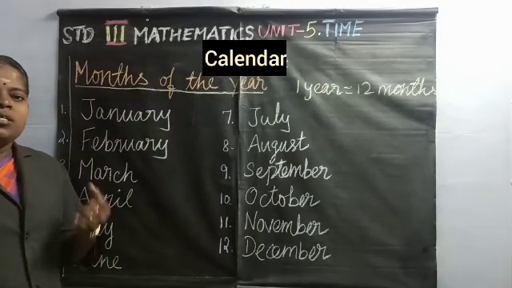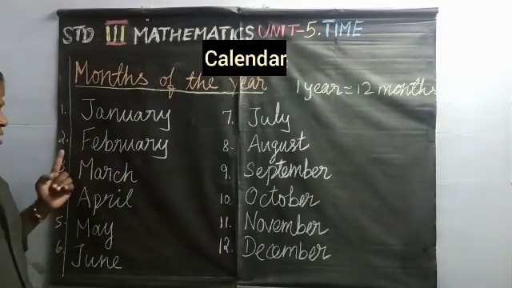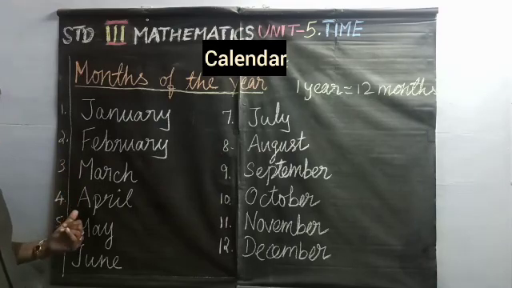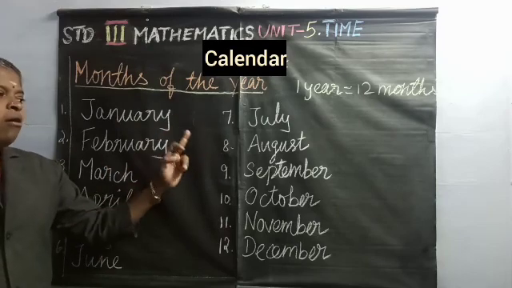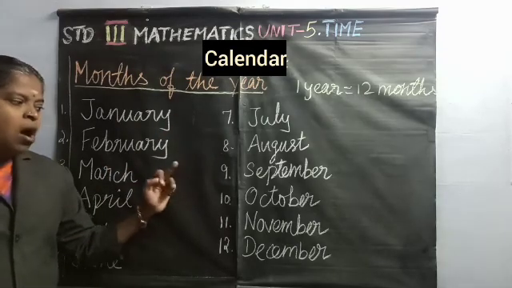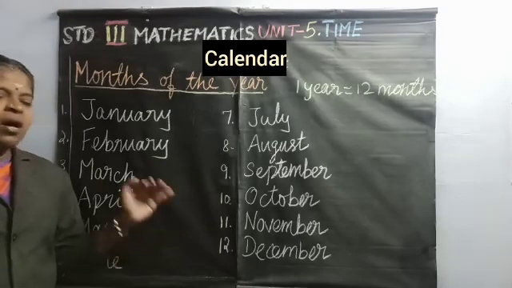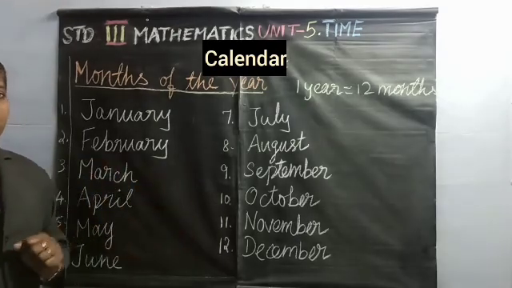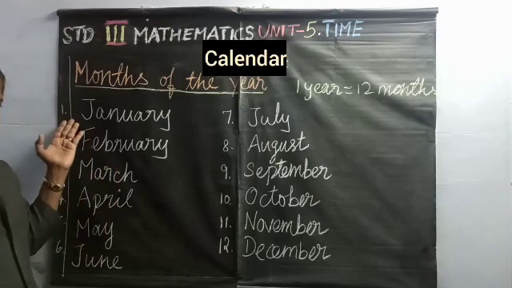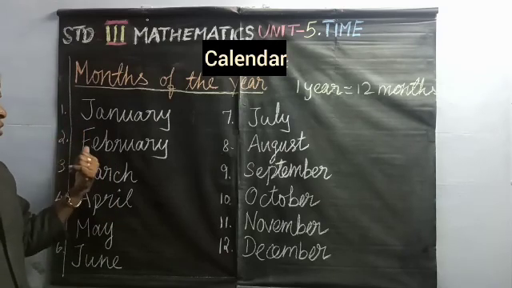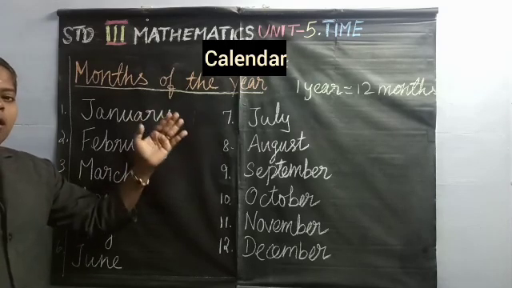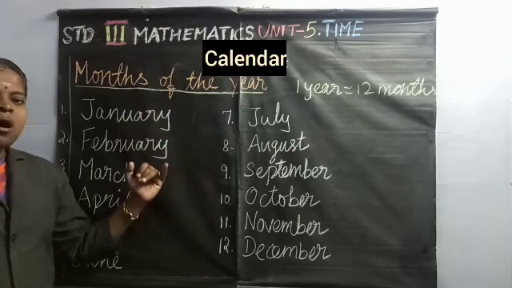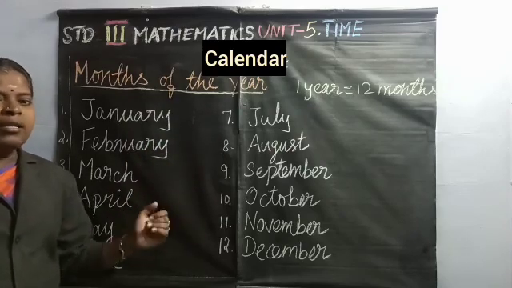First one is January, February, March, April, May, June, July, August, September, October, November and December.